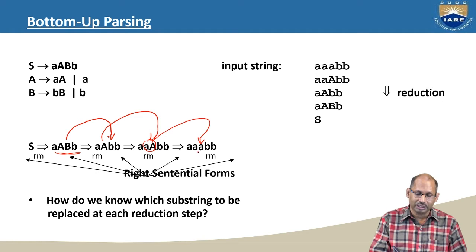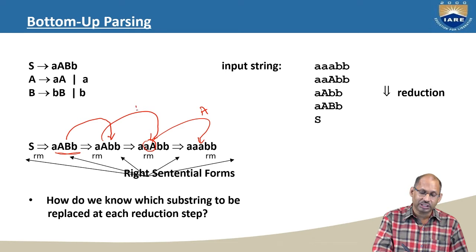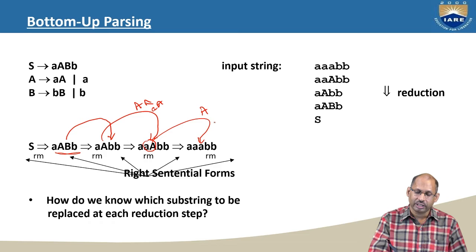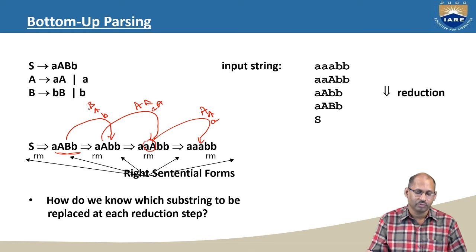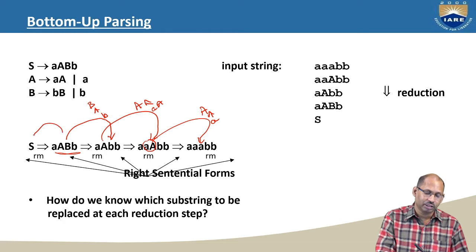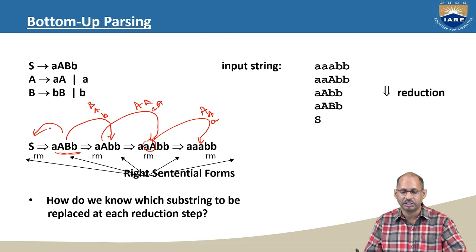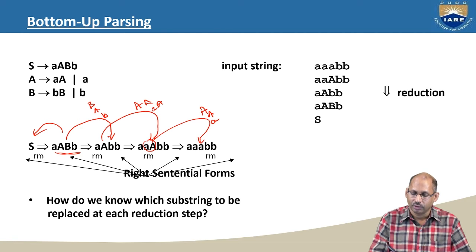Now we come in reverse. Small a is replaced with capital A, AA as capital A, b as capital B, then finally the complete string is reduced.